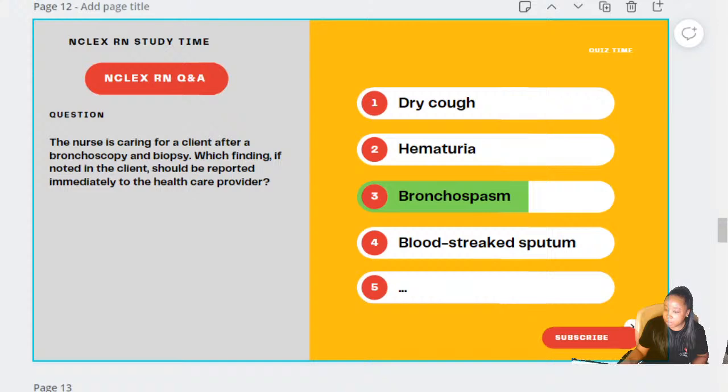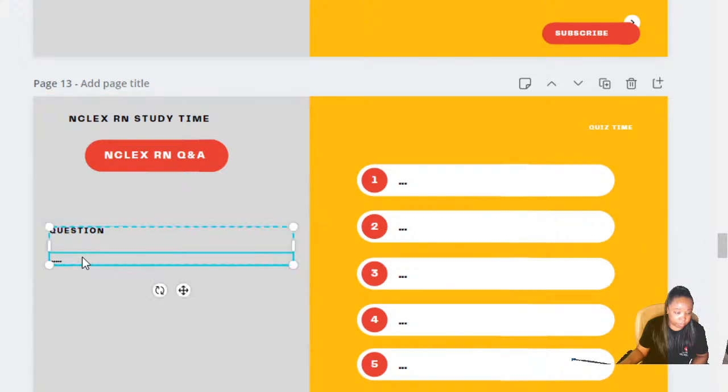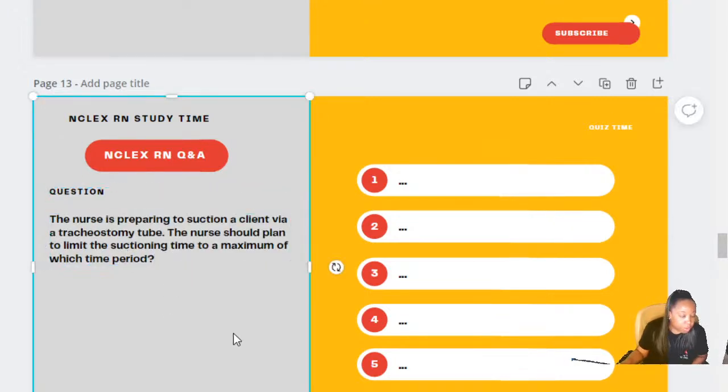Next question. The nurse is preparing to suction a client through a trach tube.